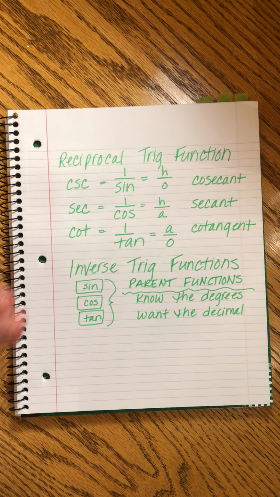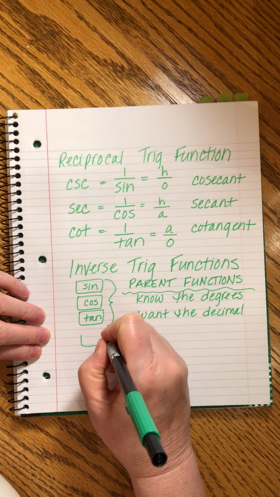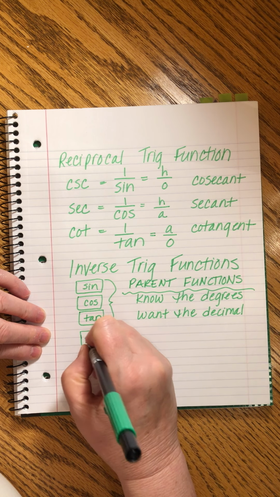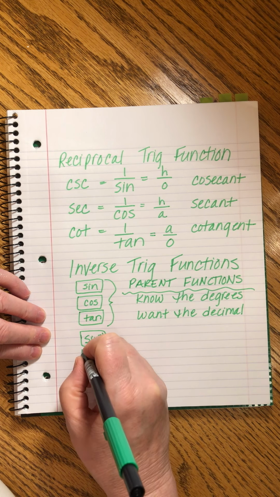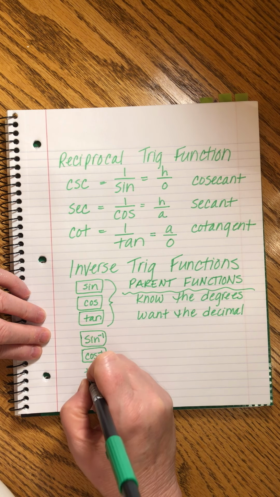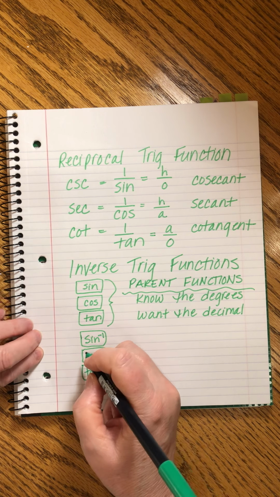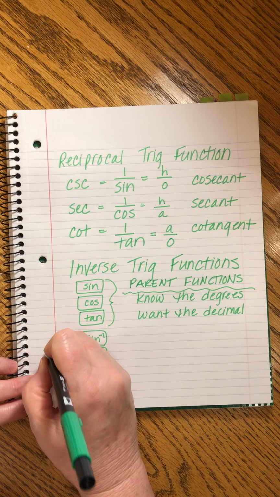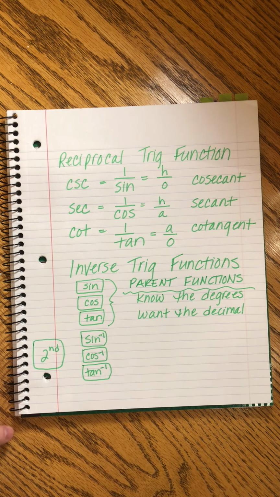Now we have another set of buttons on the calculator. And we have used them. You usually have to use the second key to access them. All right, they're hidden.